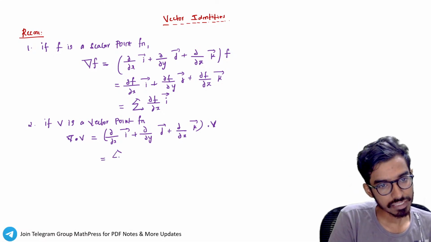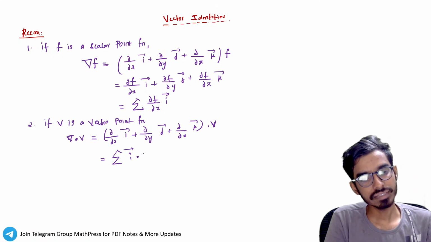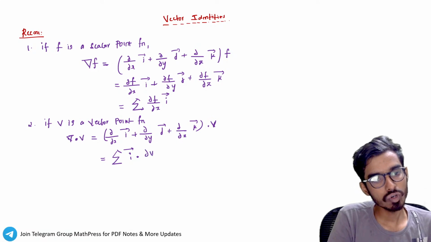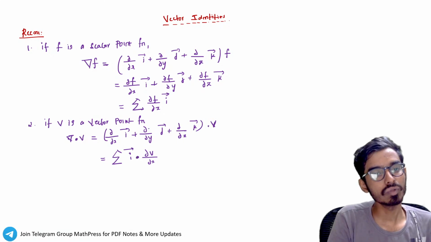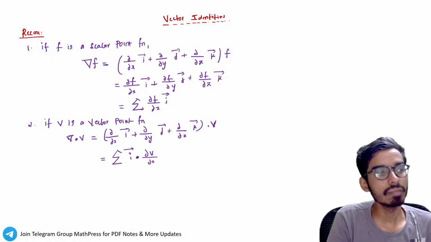This can be written as the summation of i dot dou v by dou x. Both are the same. Remember, here you have a dot product, and there we have normal multiplication.